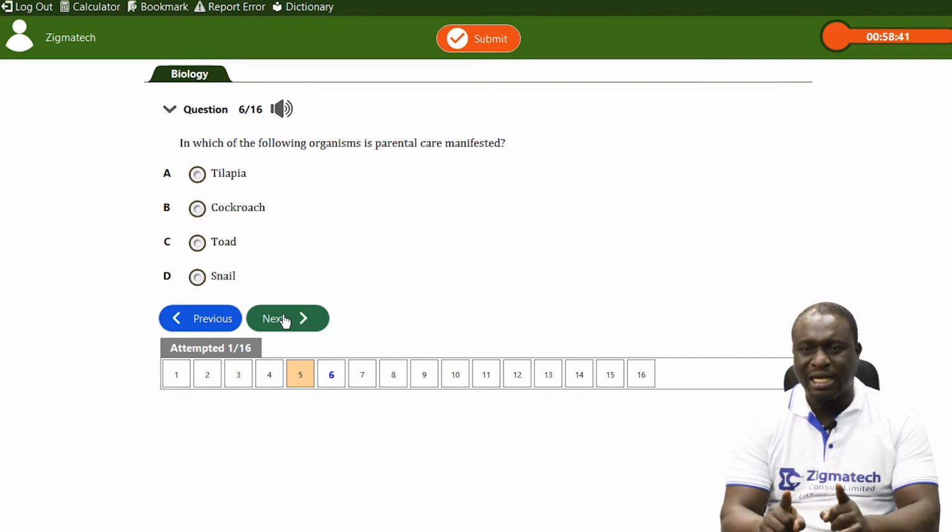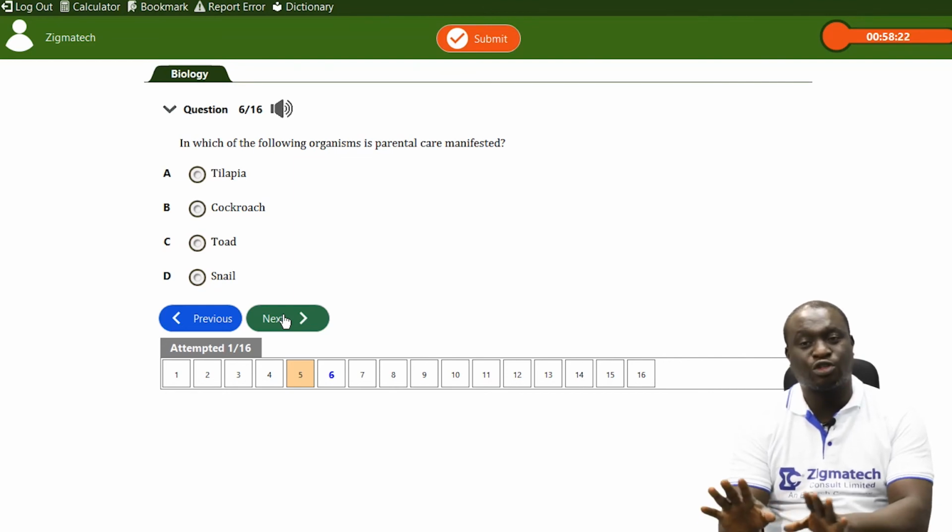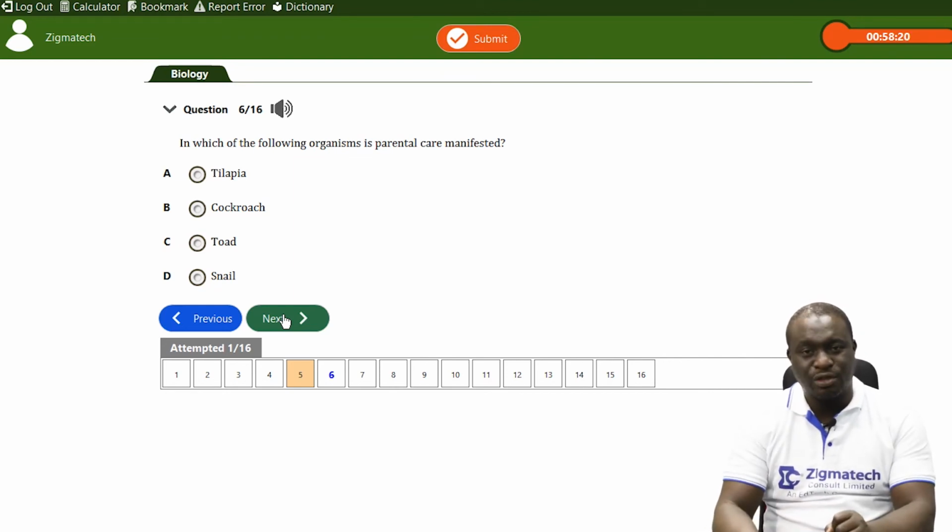Option B is a cockroach. Please take note, cockroach is not part of phylum Chordata. The next one is C, which is toad, and then the next one is D, which is a snail. So in other words, in terms of what we have studied so far, there is no answer to this particular question.